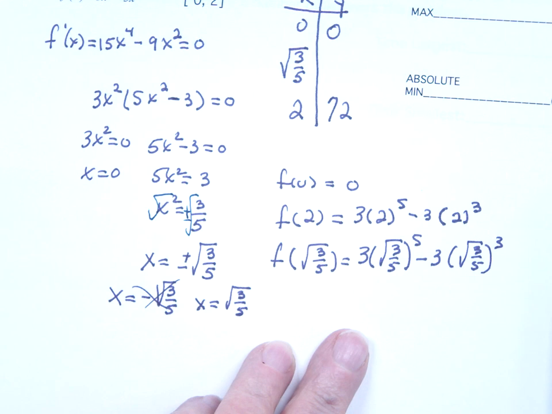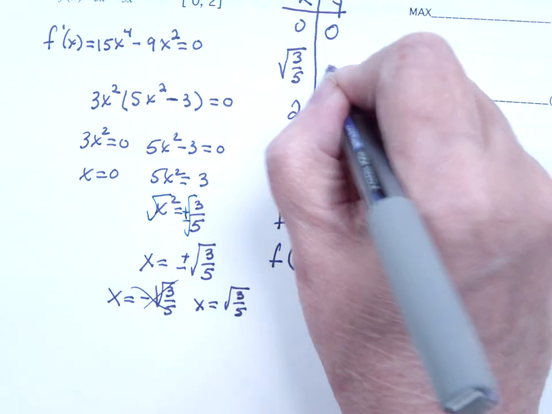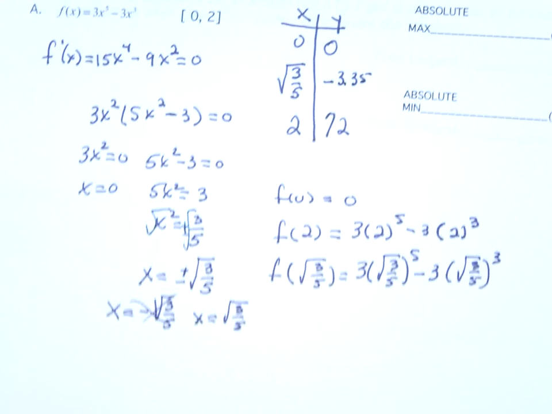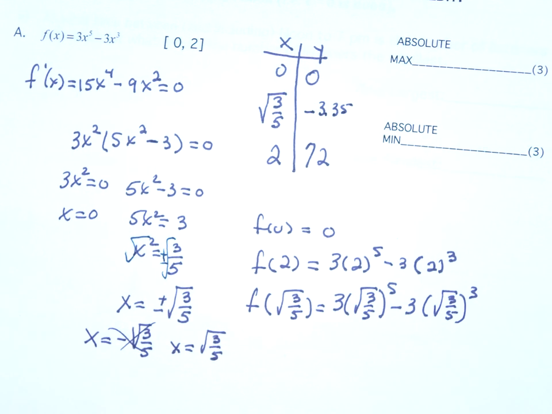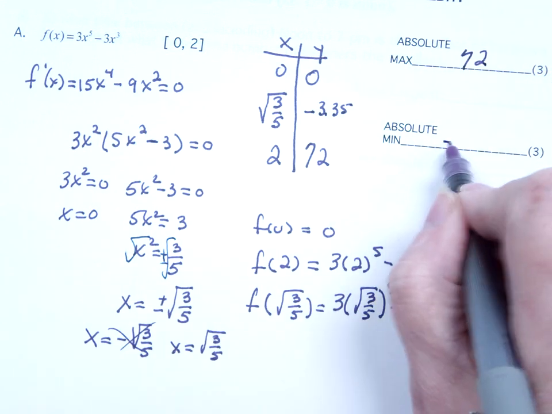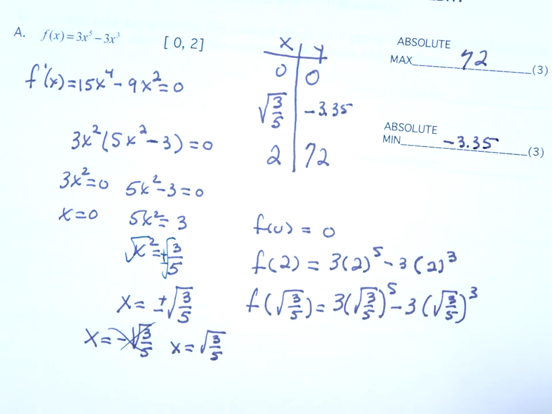I hope so. Negative 3.35. So we have a maximum of 72 and a minimum of negative 3.35, I hope. On the key you got negative 0.5. Yeah, it's negative 0.5. I don't know if that's right, but probably the key is right, is my guess.